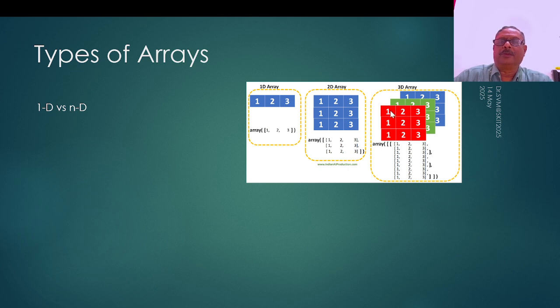So we can make use of 2 more loops, one for the row and one for the column, and that way we can traverse it. So that's all about the different dimensional arrays possible. More details will follow. Keep watching. Thank you.